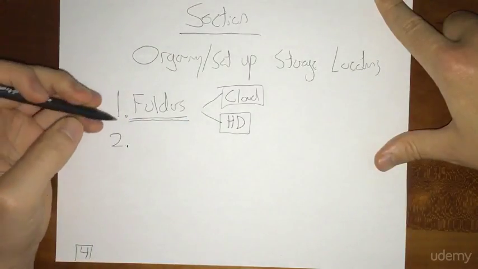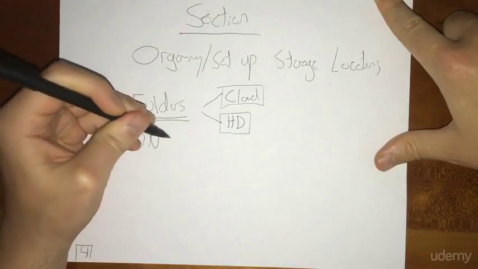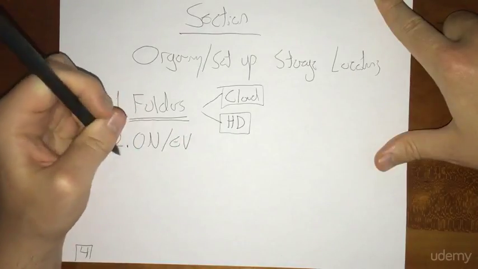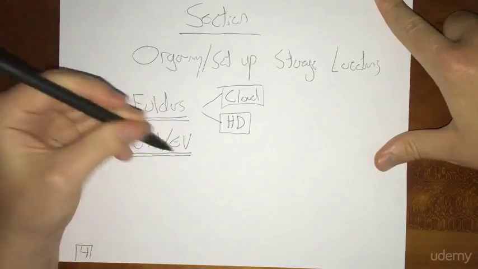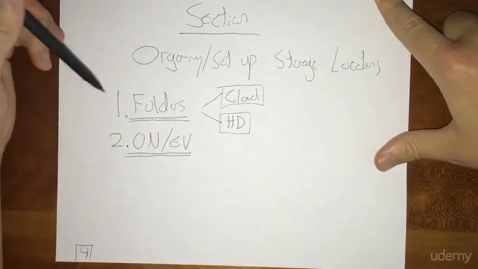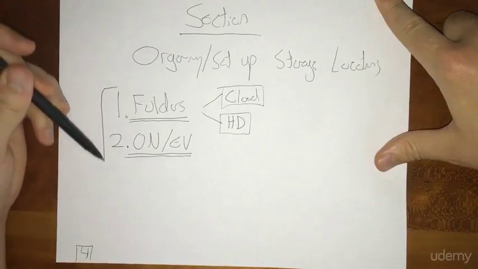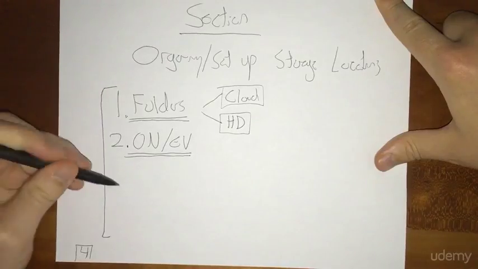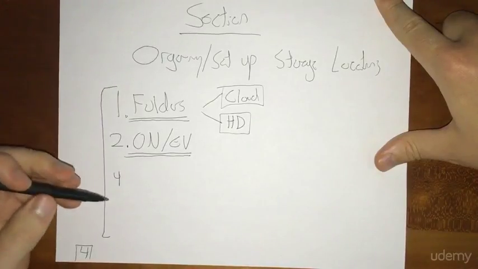Second thing is your OneNote or Evernote. And this is whatever software you're using to manage all your notes. And remember, the structure we're using, the system we're using, is exactly the same among all of these.